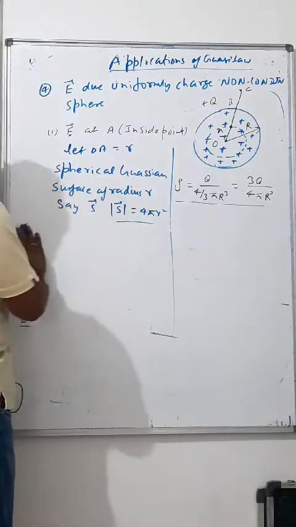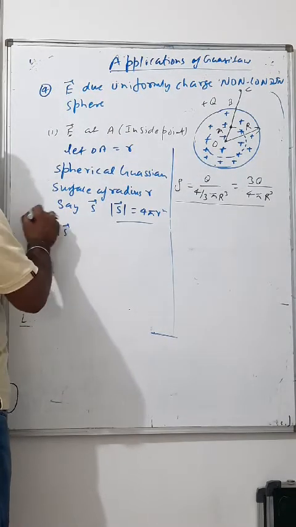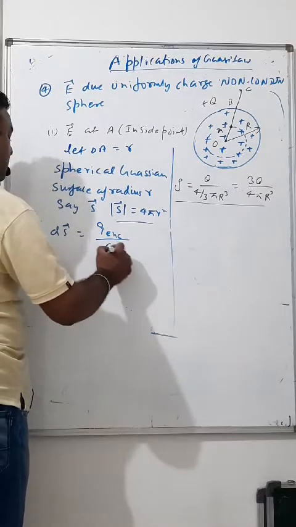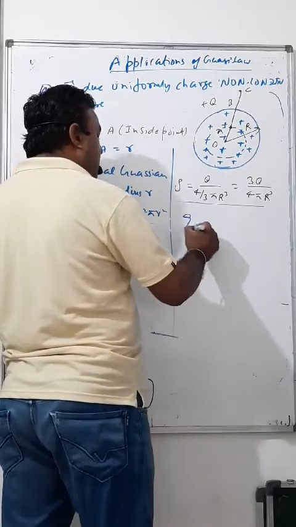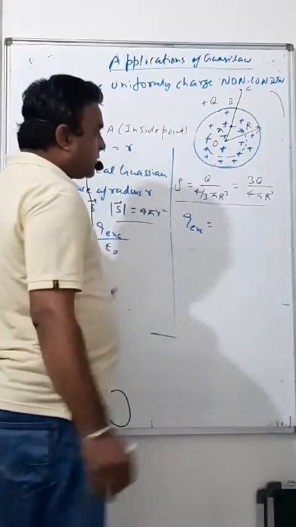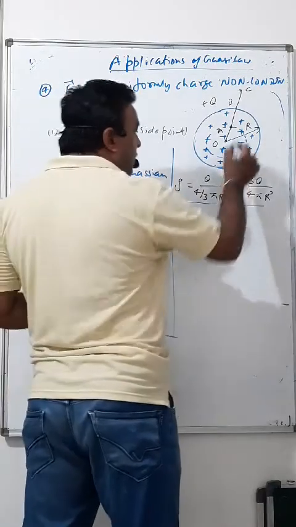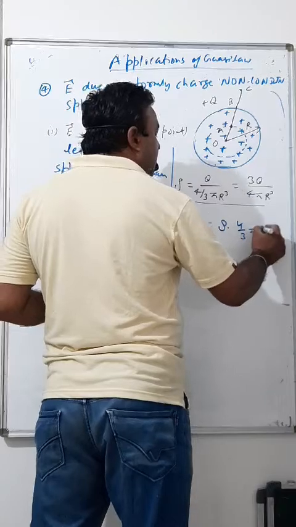Now, E dot dS equals q enclosed upon epsilon naught. Here, I come to find q enclosed. It is charge per unit volume into this volume, 4 by 3 pi small r cube.